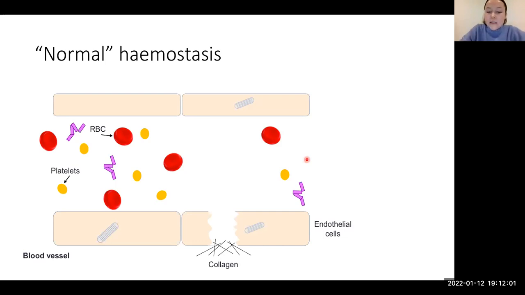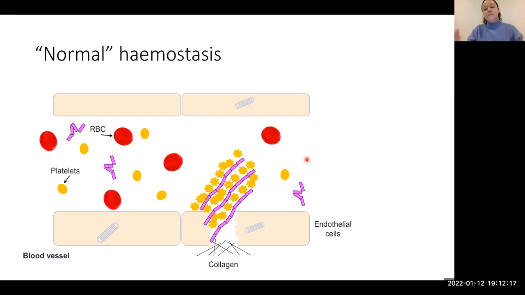When this is exposed, von Willebrand factor is very good at sticking to it. I like to think of von Willebrand factor as a really sticky string, and it becomes elongated. In this elongated form, lots of sticky platelets stick to it, and this leads to clot formation. In normal hemostasis, when we have a cut, we want this to happen.